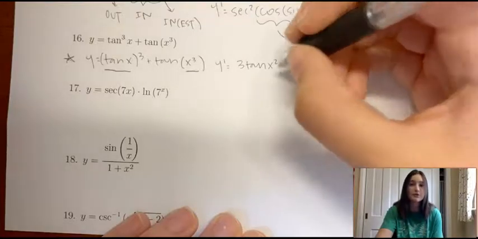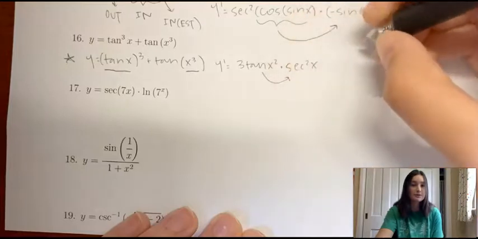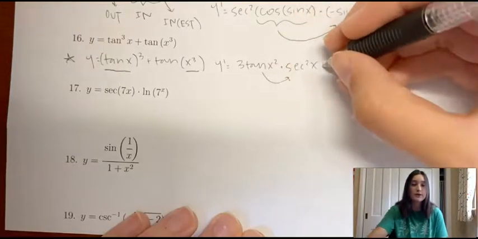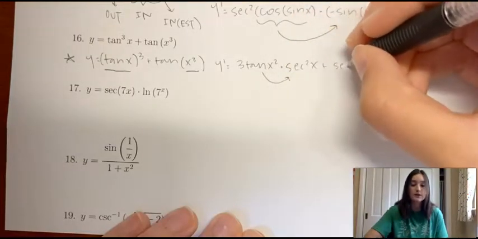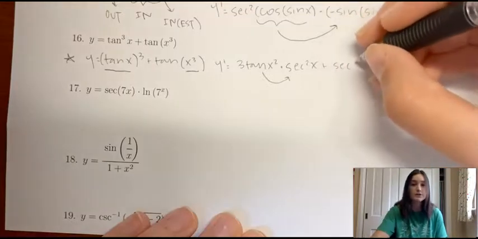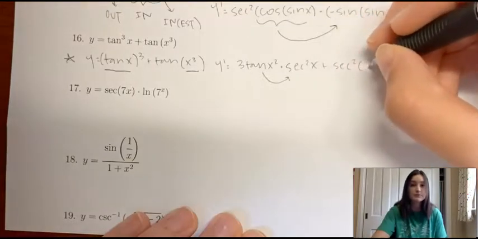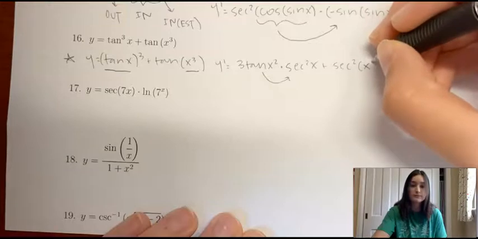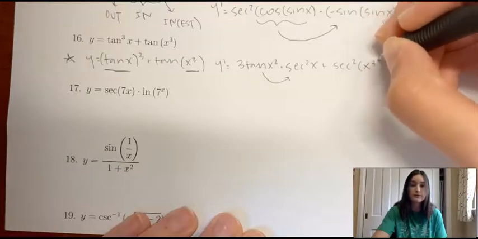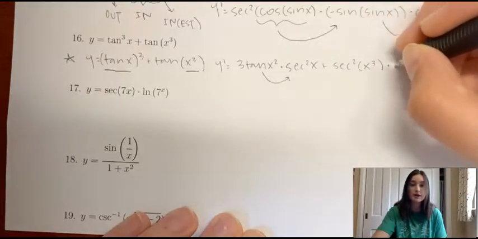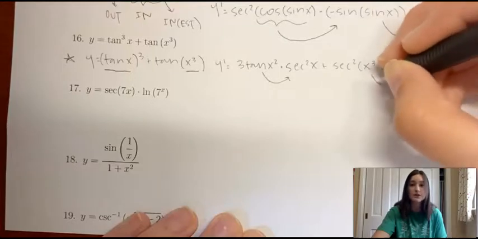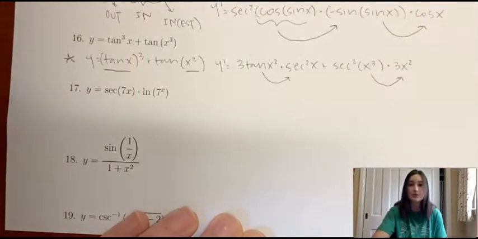And then you just move on to the second part here, and you're going to have secant squared of g of x, which is x cubed. There we go. And then multiply by g prime of x, which is 3x squared, using the power rule on that inside function.